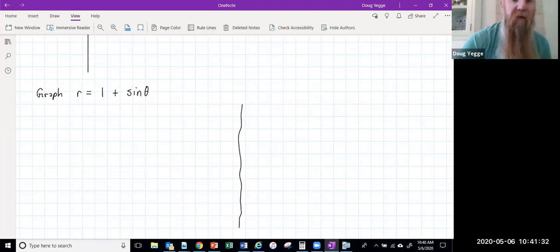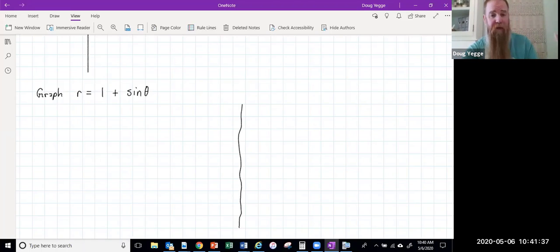So there's two different ways to do this. One way that is totally fine is to do it like we did in old school pre-algebra, where if I wanted to graph y equals 2x, I would create a table, plug in a bunch of x values, get a bunch of y values, and then plot them one by one.